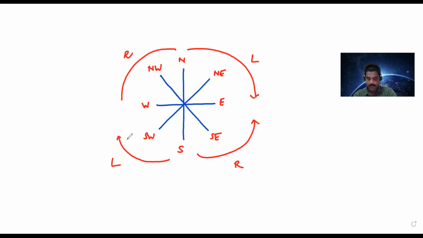And similarly for a person at west, moving towards west, his left would be in this direction. So this is left, and for him this would be the right. So you have to be a little careful. And while moving towards east, this will be his left and this will be his right. So knowing these things, you'll be able to solve problems.